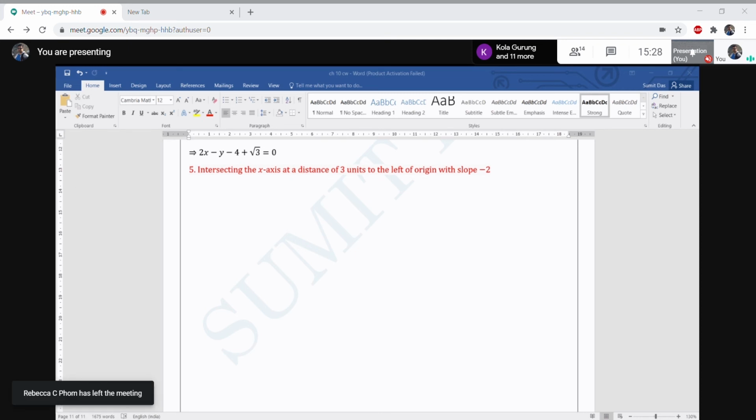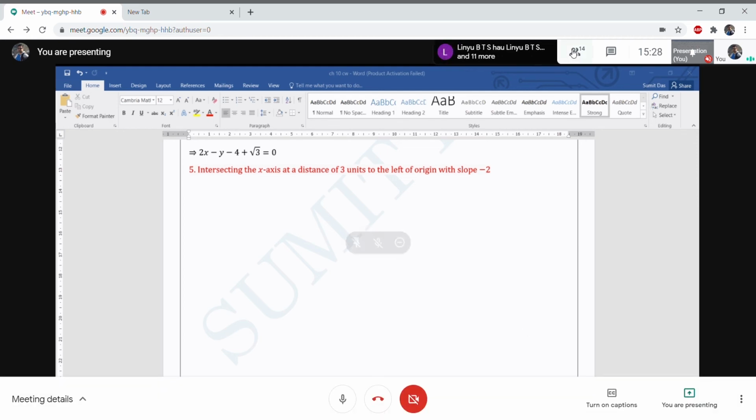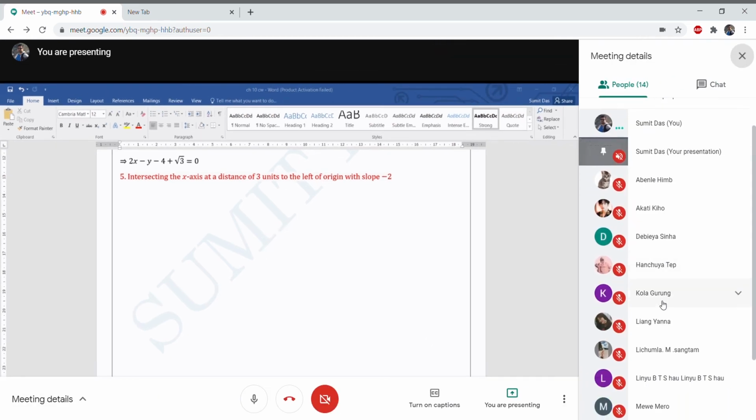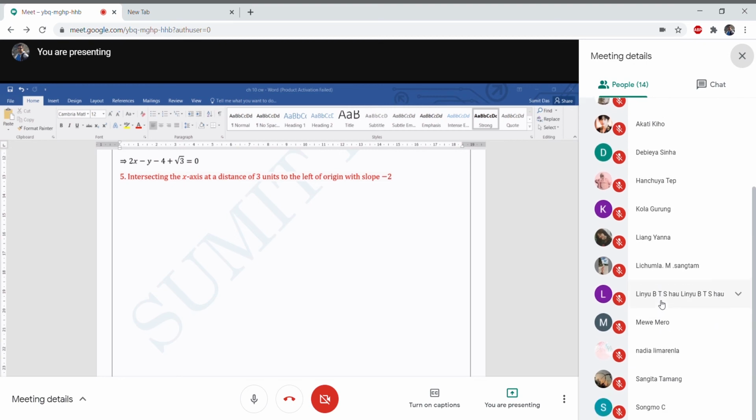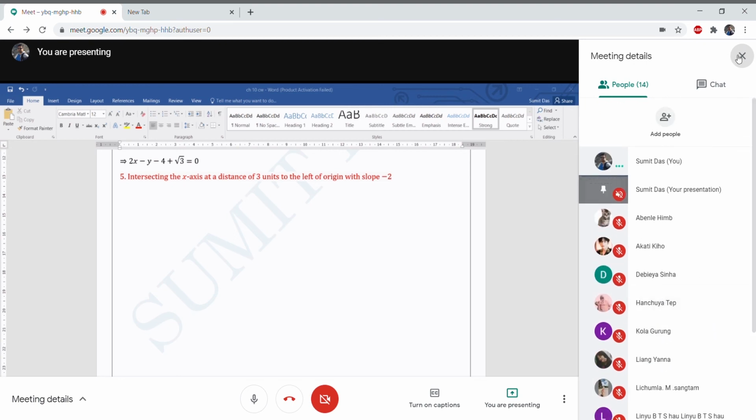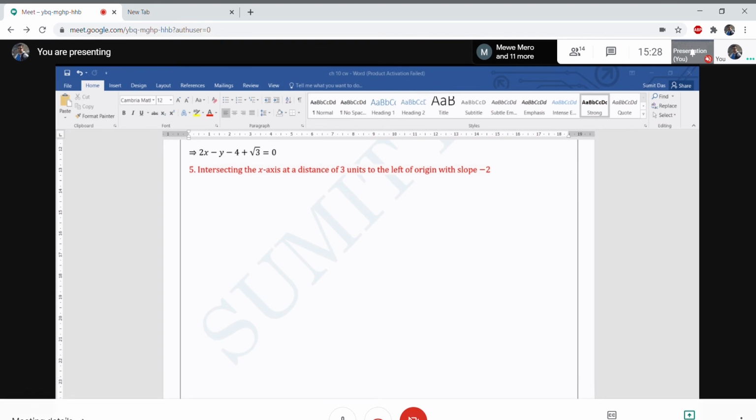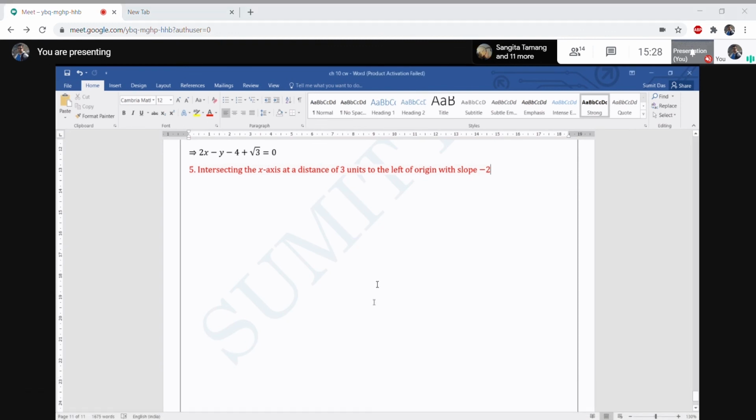So can anyone tell me which form we'll use or how to do this problem? Which form we'll use? We'll use the point intercept form.